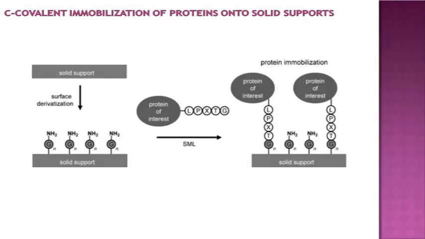Sortase-mediated ligation has also become an attractive alternative approach by providing the ability to attach proteins onto solid supports in their native state, which is essential to produce a variety of technological tools such as supported catalysts, protein sensor chips, and protein microarrays. This figure here represents Sortase-mediated ligation-based immobilization of proteins onto solid supports.